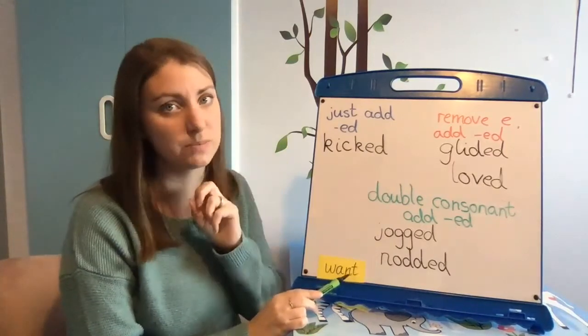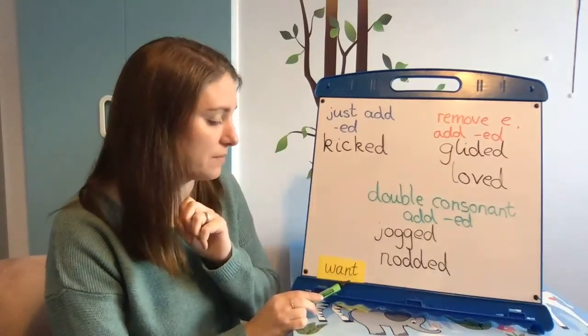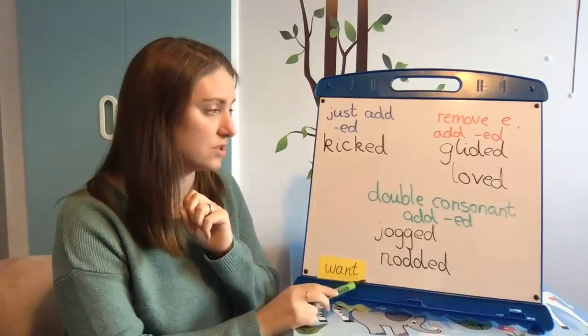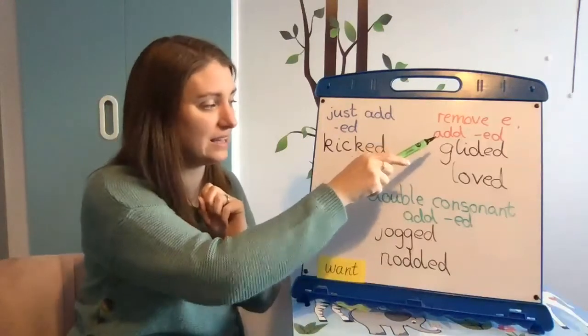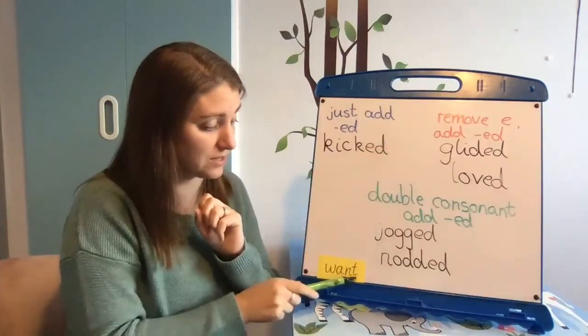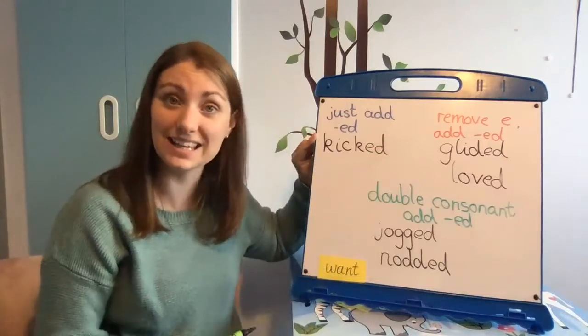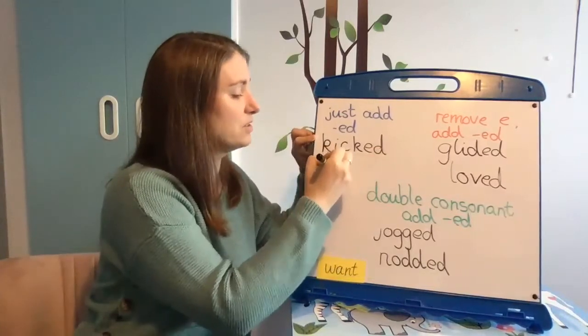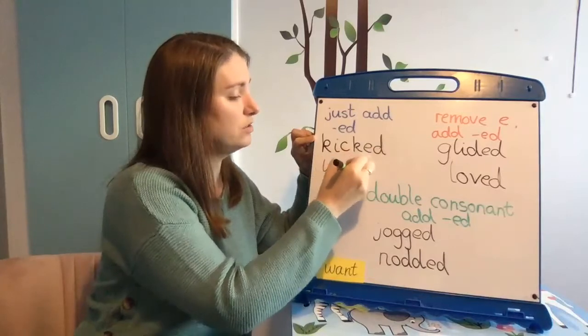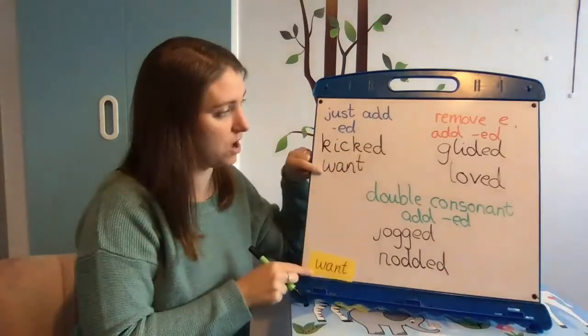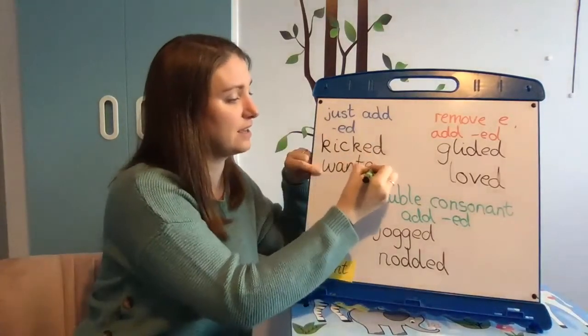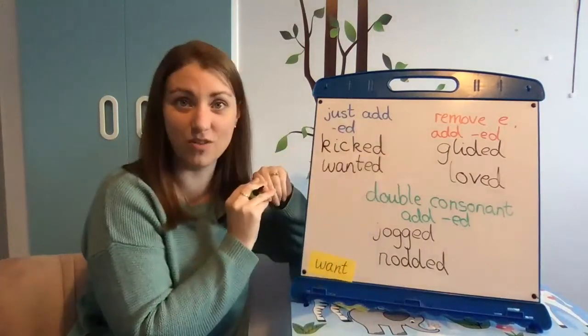So I'm not going to be doubling a consonant there, am I? So it's not removing an E, and I'm not doubling a consonant because there's already two, which means I'm just adding ED. Wonderful. There's my word, and then I'm just adding ED on the end.